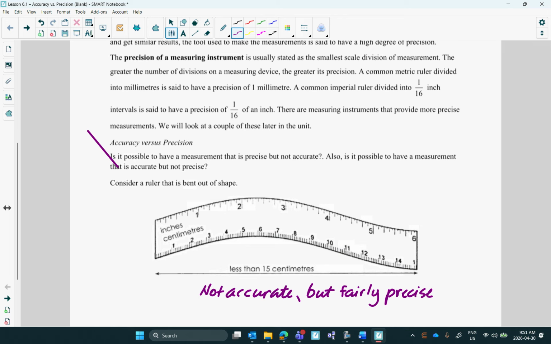If we measure in metric, notice that centimeters are listed, but there's 10 notches in between each centimeter, right? So that means it's 1/10 of a centimeter is how precise this object is, or 1 millimeter. Right? These little notches represent 1 millimeter. So that's how precise this is. If those notches weren't there, if it was just the centimeters, we would say it's precise to the nearest centimeter. Okay? We always look at the smallest notches.